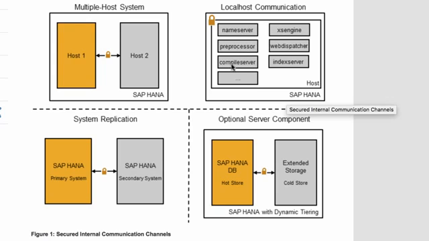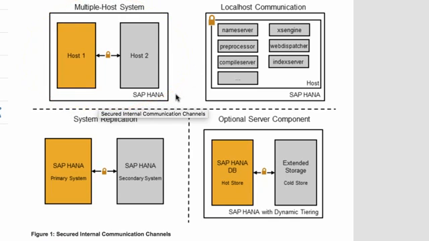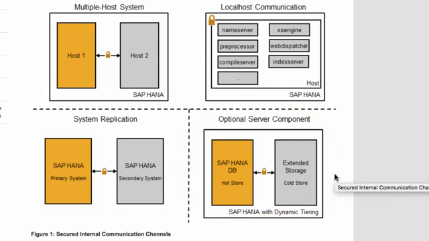You'll see them listed when you run the command http info. For our VM, it's not relevant, but you can set up HANA as a multiple host system, a distributed system, with several hosts running a single database. You can set up system replication. You can add optional components like dynamic tiering for extended storage.